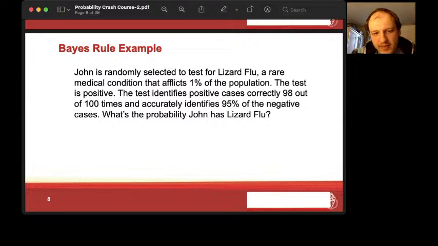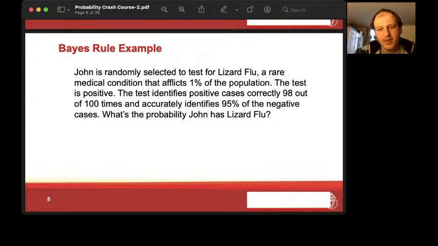So the first step when you solve this Bayes rule example is to look at the numbers and try to derive as much as possible to formalize it. In that case, we have 1% of the population, we have positive cases, and we have correctly identifying a negative case.